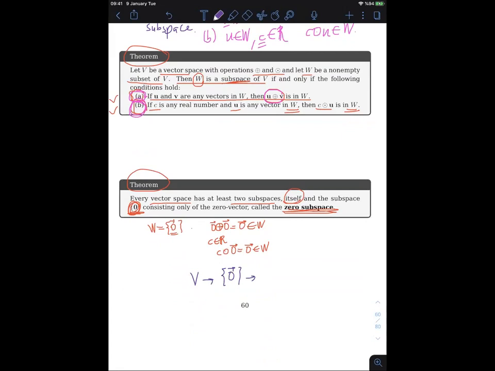It's not very useful, but it's good to know that such a subspace always exists. And there's another subspace of V, which is V itself. This is also always a subspace, right? So any vector space is a subspace of itself. This is kind of trivial. Any questions?